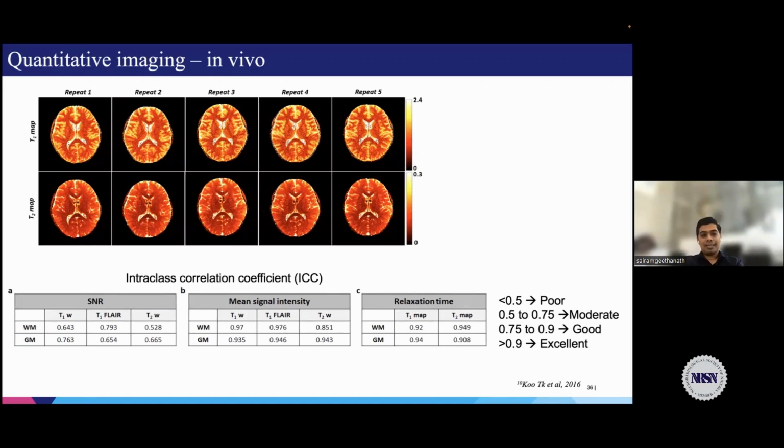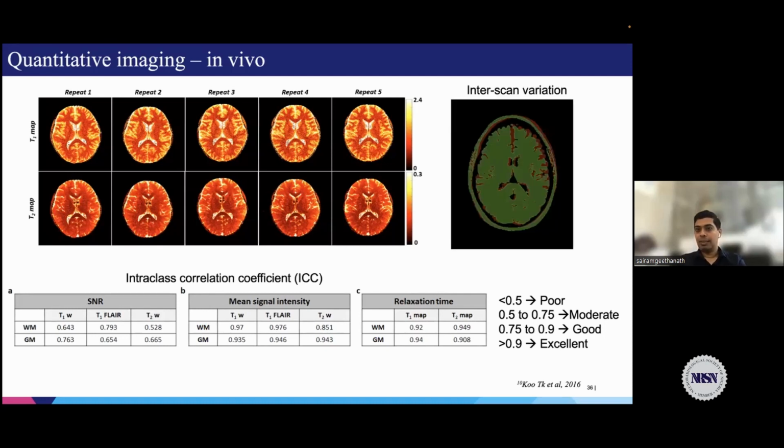When we get to the SNR, it actually dips significantly, especially for white matter, and we attribute that to the interscan variation because our SNR method required 2 repeats or 2 consecutive scans to compute. And you can see the interscan variation, and that's the reason we attribute the reduction in SNR.